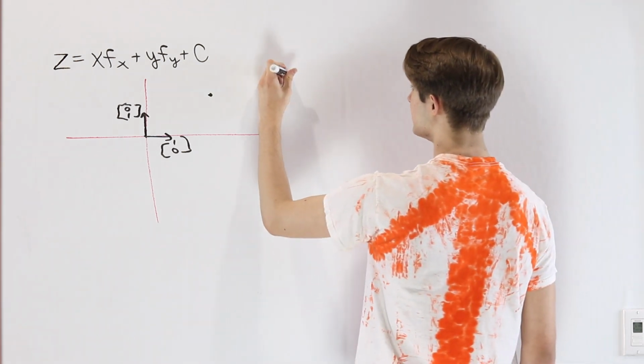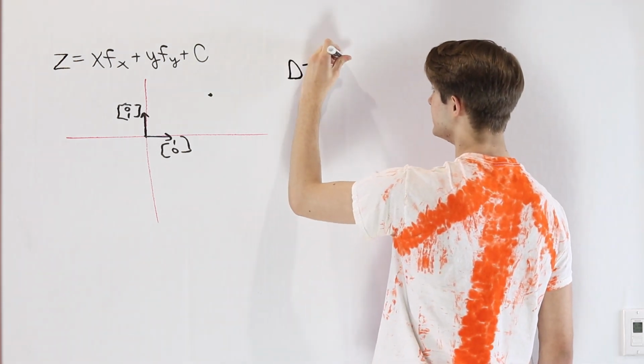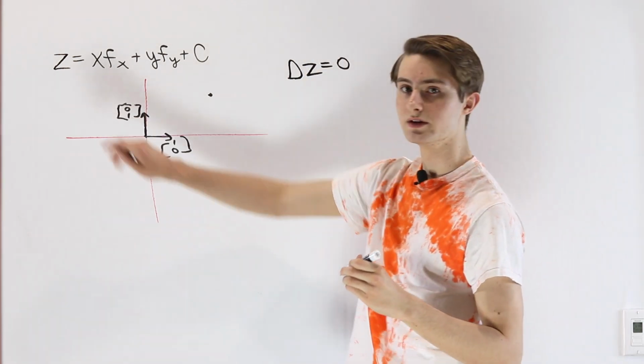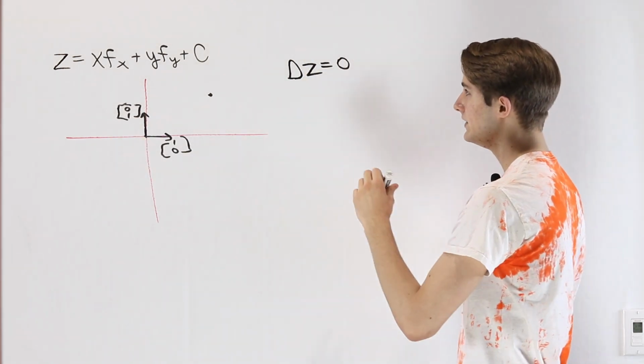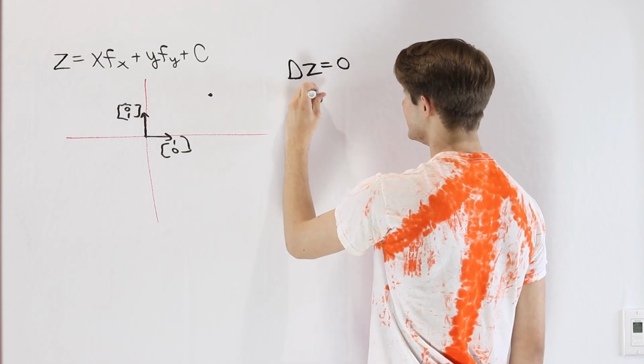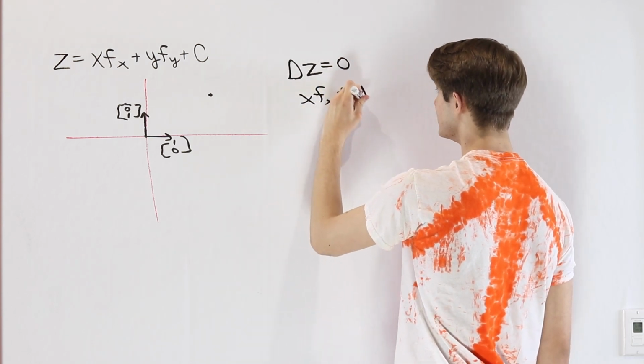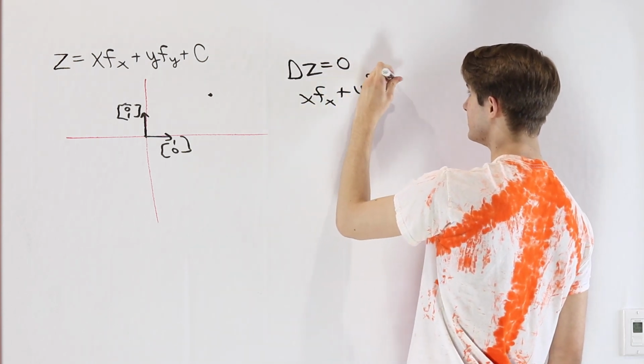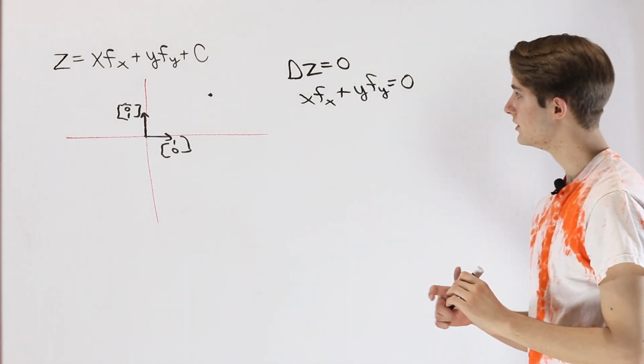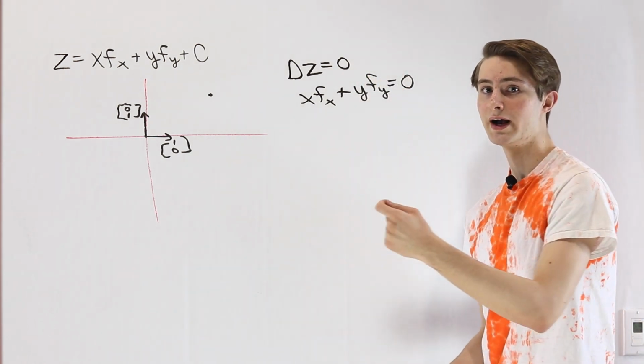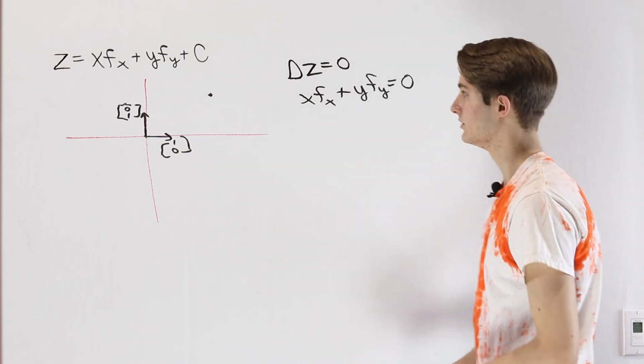So we might think about when the change in z is equal to 0 for this equation. In that case, what we would need is that x times f sub x plus y times f sub y equals 0 for some vector xy describing the direction we're moving.